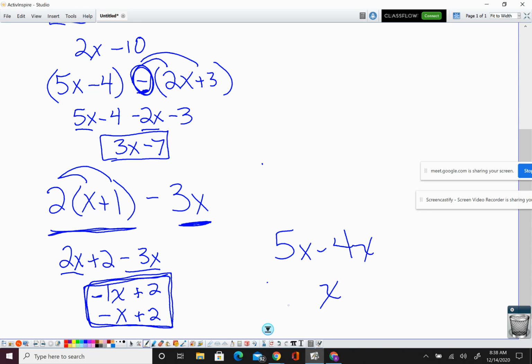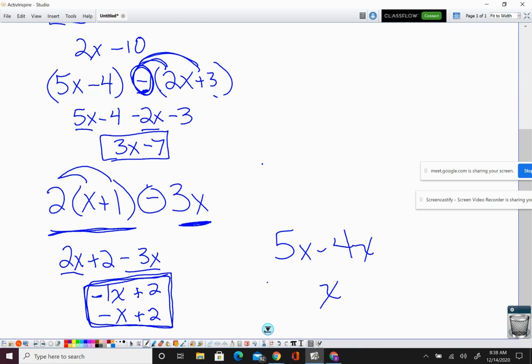So that is a 1x. That's really the only difference between Friday's lesson and today's: this minus sign, and if there's a parentheses behind it, distributing out that minus sign and changing the signs.